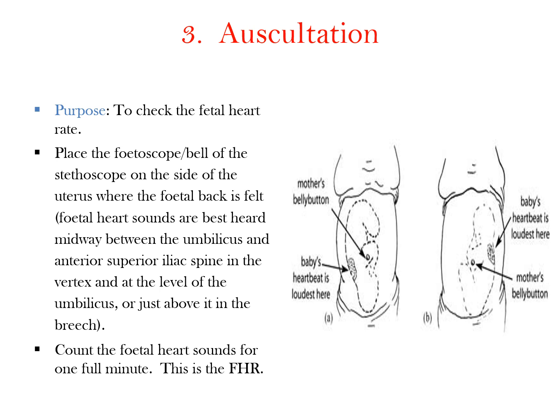Fetal heart sounds are best heard midway between the umbilicus and the anterior superior iliac spine. You need to draw an imaginary line between the umbilicus and the anterior superior iliac spine. You will hear the sound very clearly.